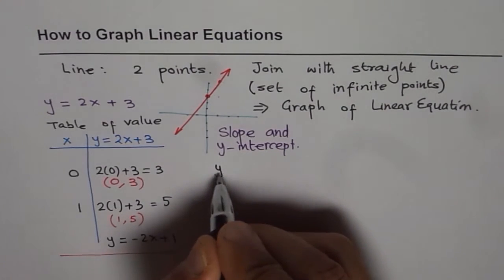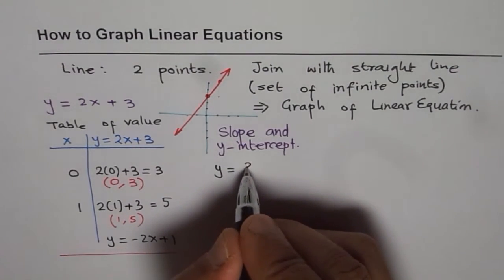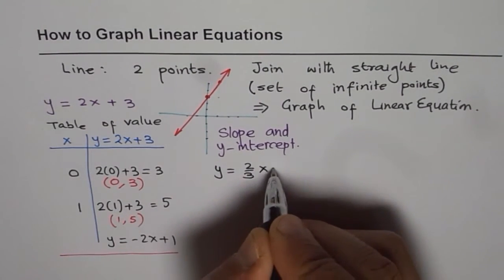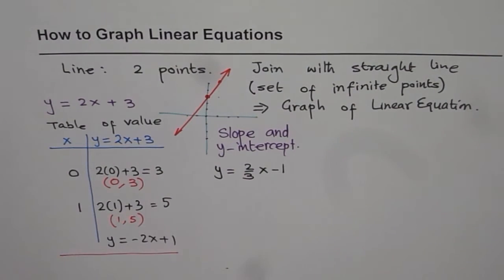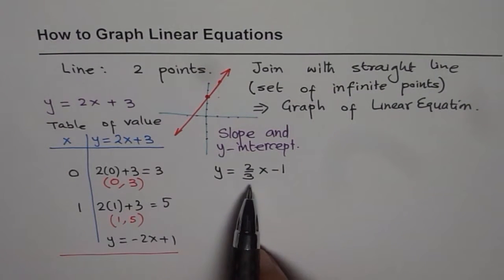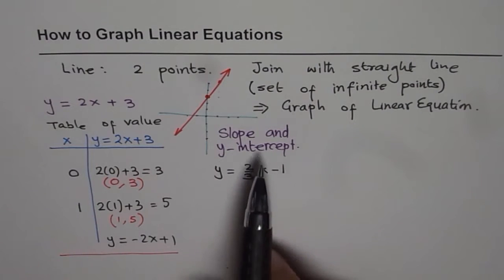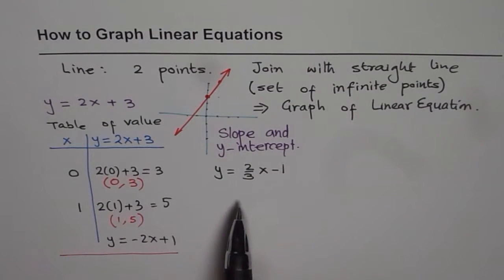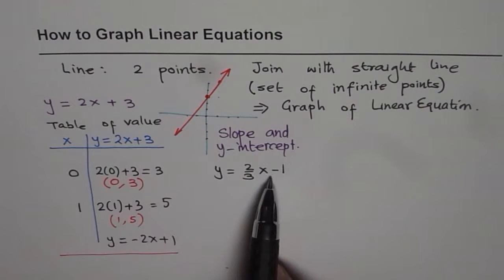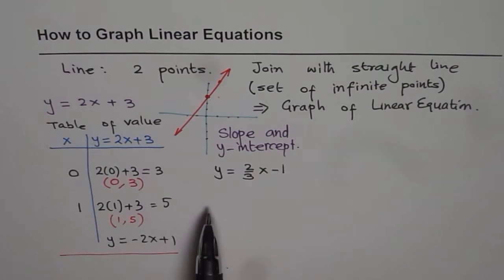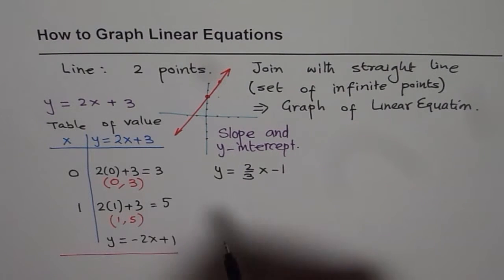This time let the equation be y equals 2 over 3 x minus 1, let us say. Now in this case, the equation is given in slope and y-intercept form. The slope is 2 over 3 and the y-intercept is minus 1. Now from these two values, using the slope and the y-intercept, we can sketch our line. Let me show you how.